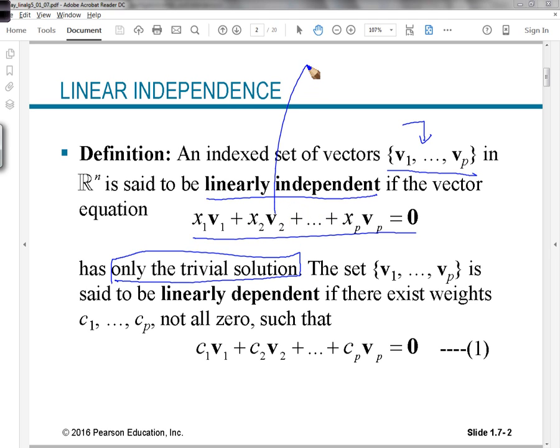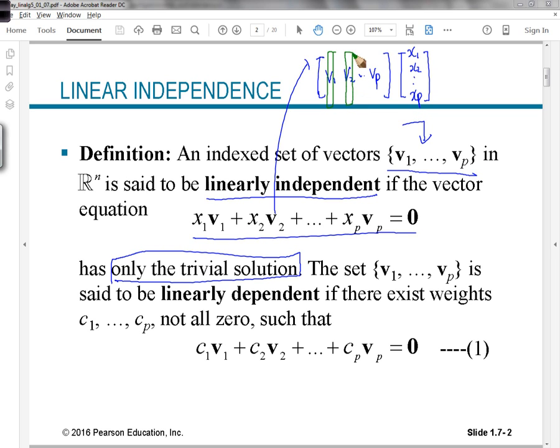Since we learned about the matrix equation, which is just a compact form of this vector representation, we can change it to a matrix equation in this form, with x1 through xp.